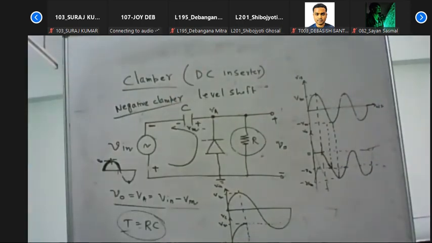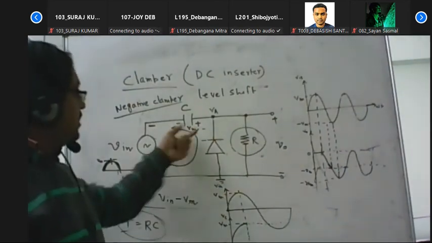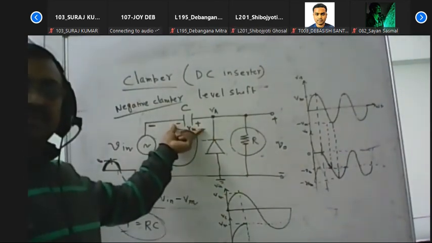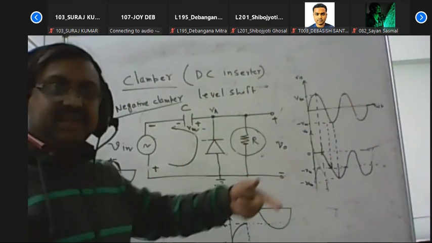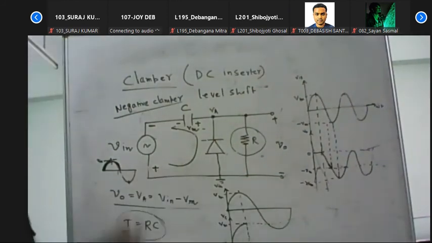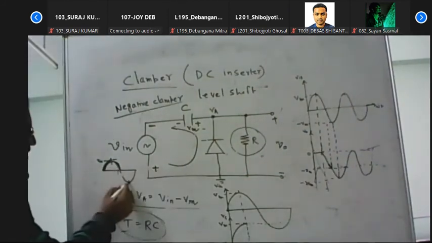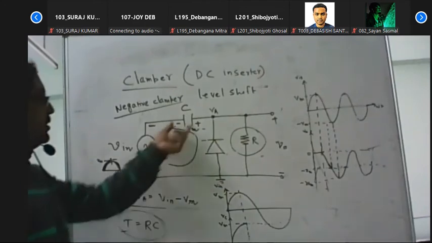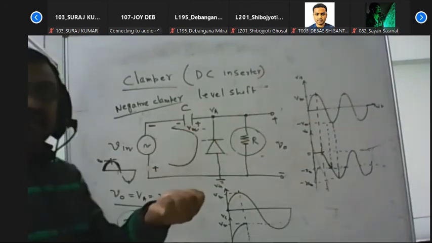In the first half cycle it will be charged to the maximum value, and from the next cycle, when the input signal is just greater than minus Vm, the capacitor retains the charge.